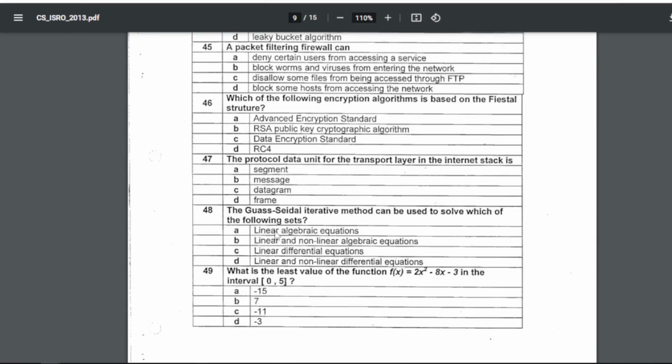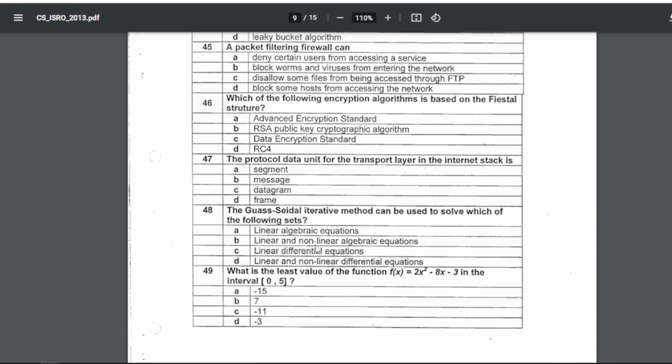Now 47: the protocol data unit for the transport layer in the internet stack is what? So the protocol data unit for the transport layer in the internet stack is segment for TCP, and datagram is used with UDP.